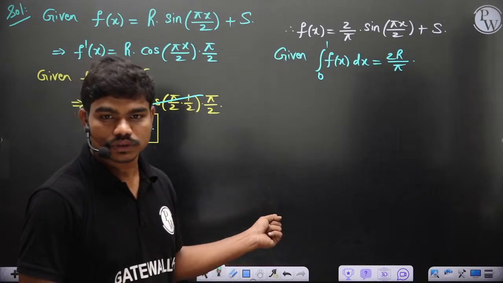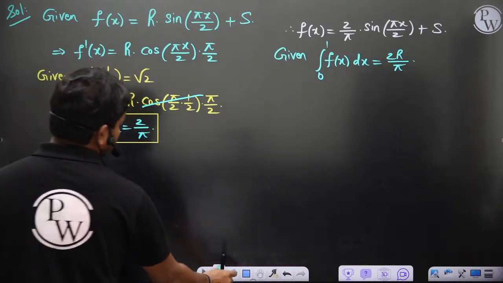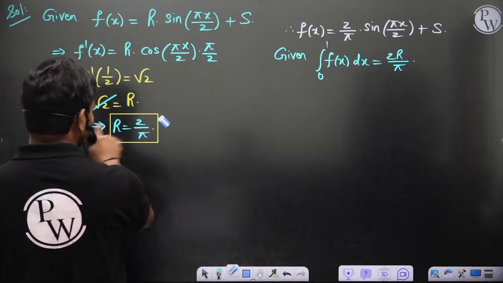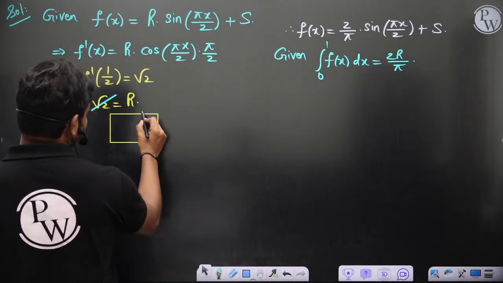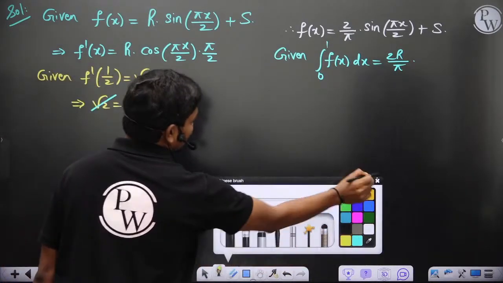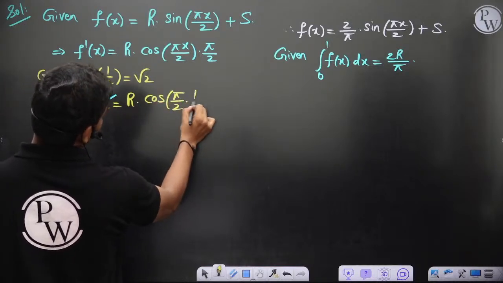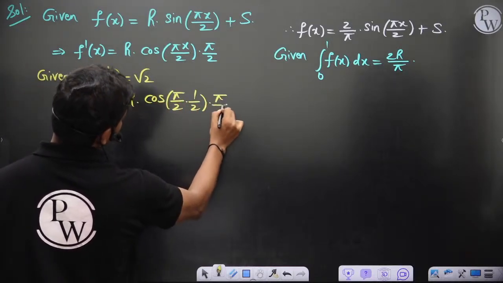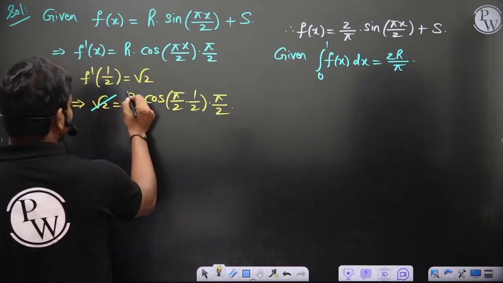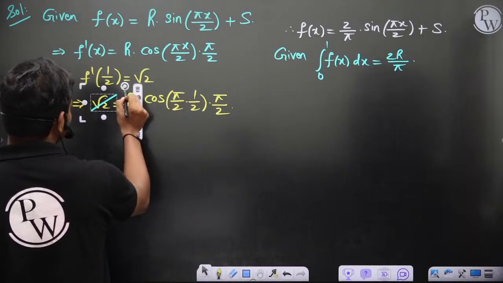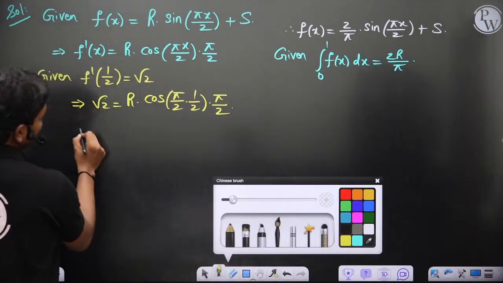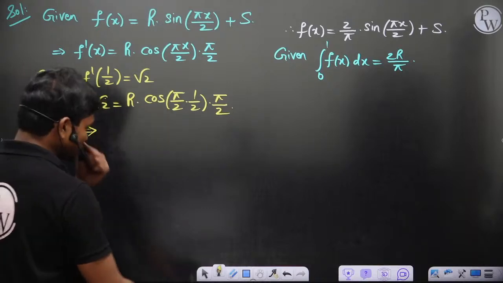Cos 45 is 1 by root 2. Yeah, correct. Thanks. This is where overlooks happen. So this is cos pi by 2 into 1 by 2 into pi by 2. Yes, thank you. So cos 45 is 1 by root 2, sorry. So this value is 1 by root 2.